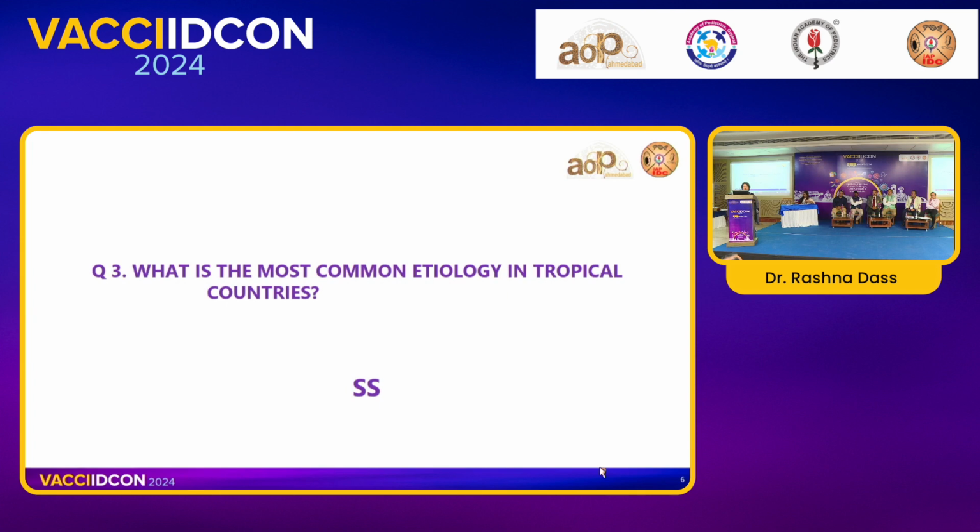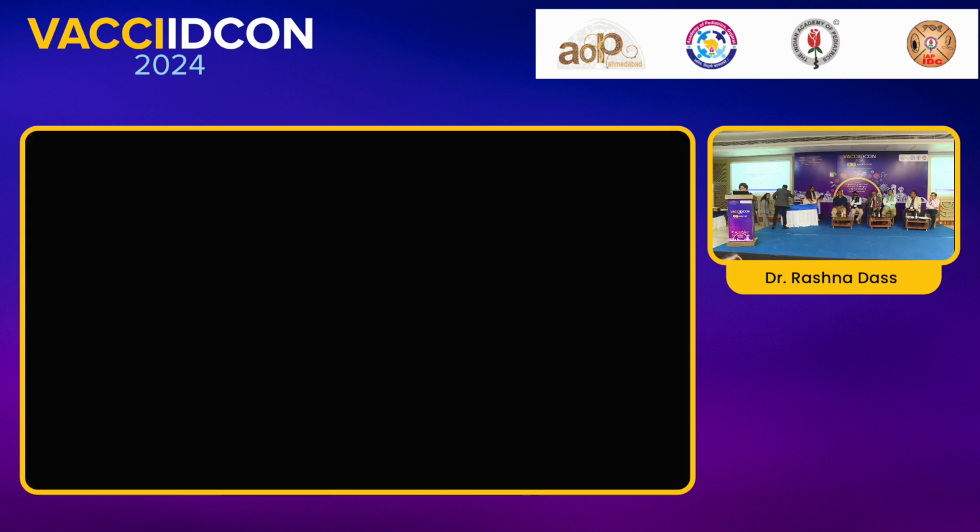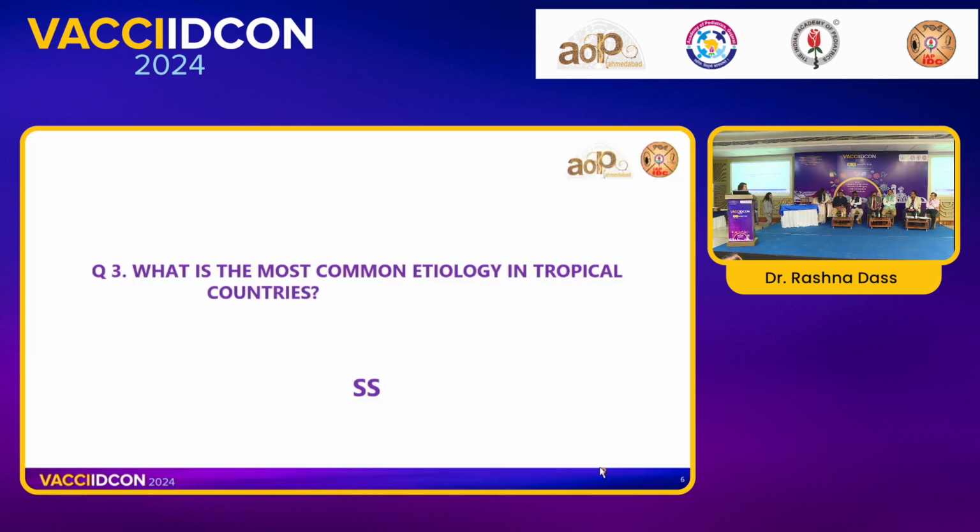So we'll go to the next question for Dr. Siva Prakash. What is the most common etiology you see in tropical countries, for instance in India? Hello, good morning to all. For acute encephalopathy, what organism causes it depends on the geographical area of the world.